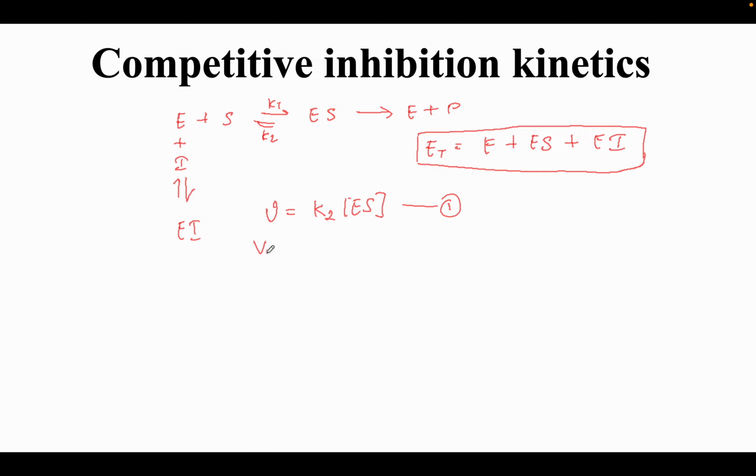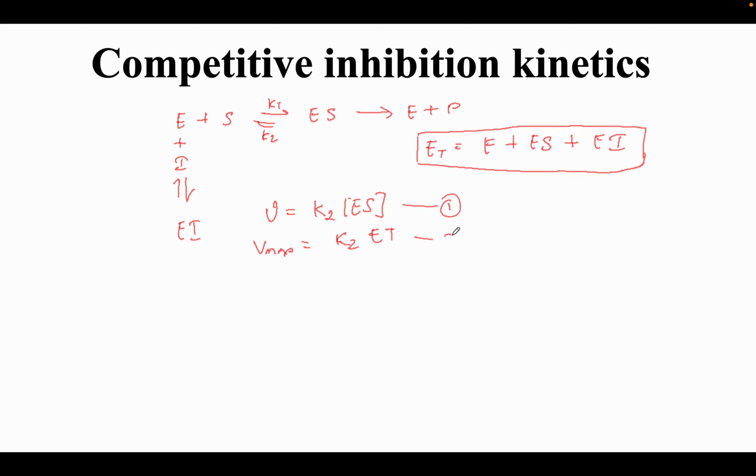And Vmax is equal to K2 ET. So we get maximum velocity when all the enzyme molecules are in the form of ES, that is, it will be ET.